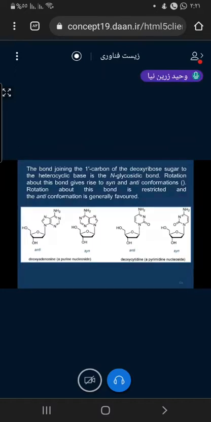As you see in this slide, the bond joining the 1' of the deoxyribose sugar to the heterocyclic base is the glycosidic bond.